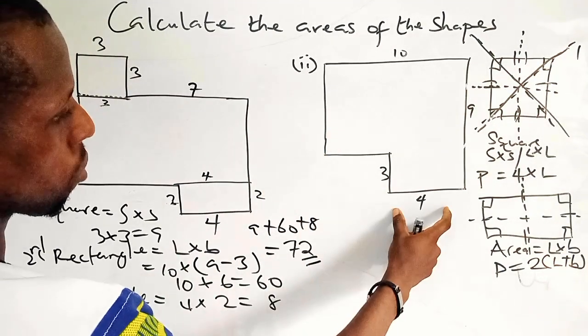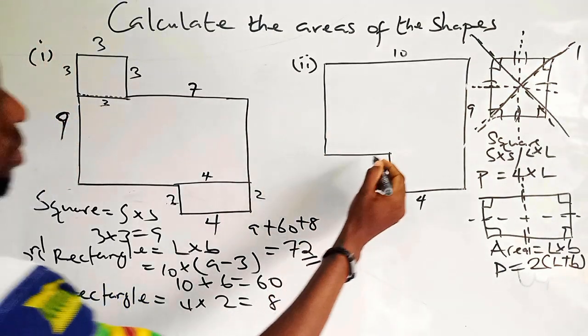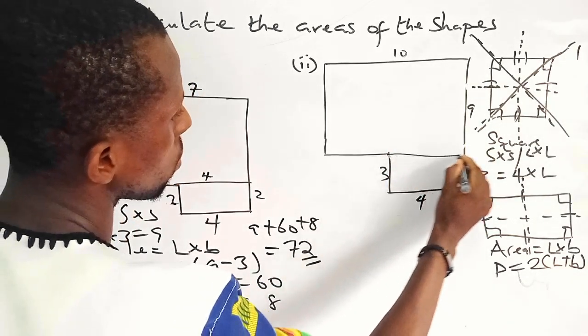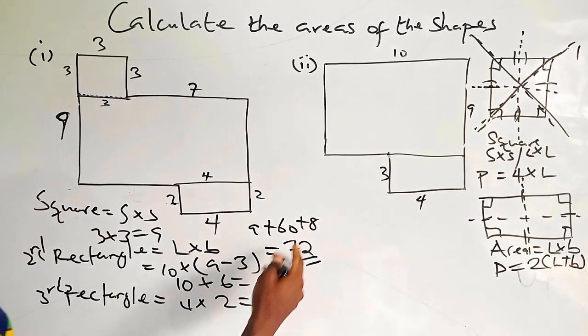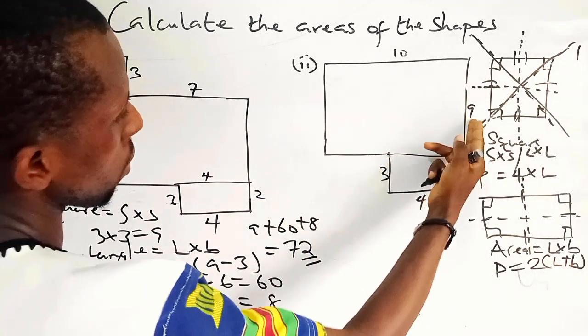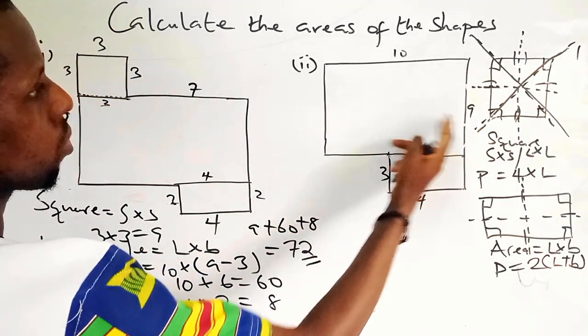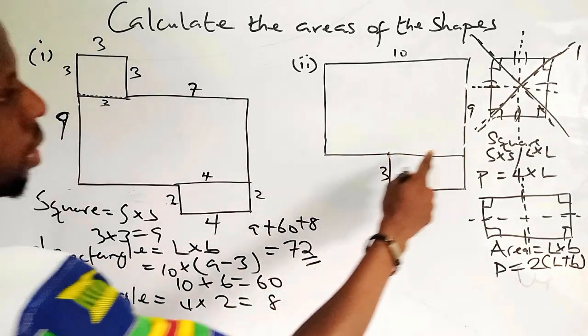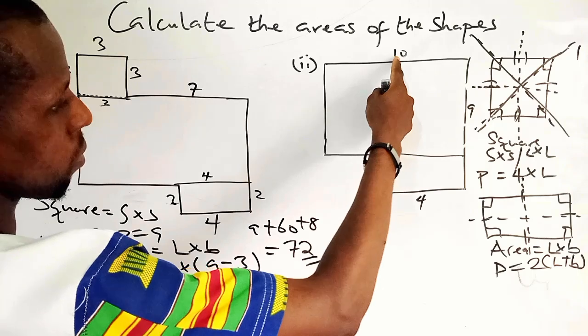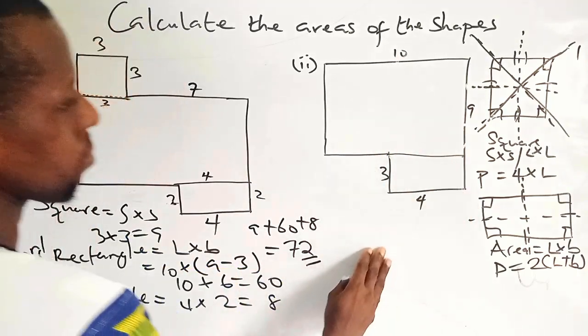Now when I look at the second compound shape, I can easily split it from here into two rectangles. And do not forget, opposite sides of a rectangle must be equal. So I have this side to be 9, so this side too must be 9. I have this side to be 10, so this side too must be 10.